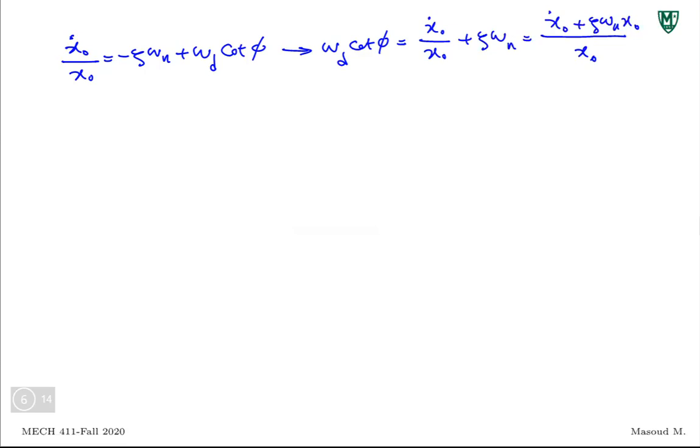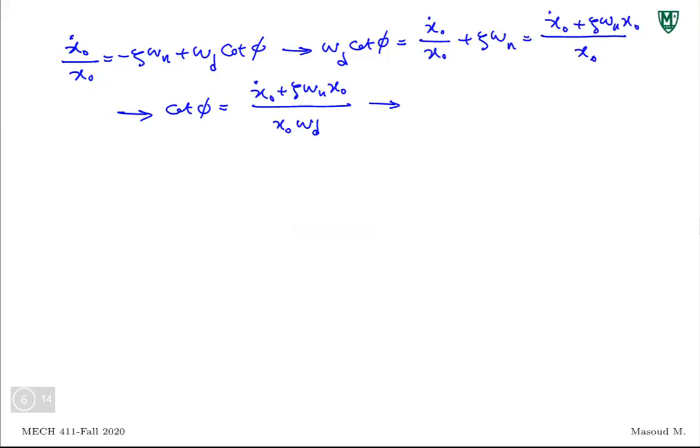I believe so. So this becomes cot phi equal to, I'll take omega d down there, x naught dot plus zeta omega n x naught divided by x naught omega d. Now I want to find phi. So this is cotangent, it's 1 over tangent.